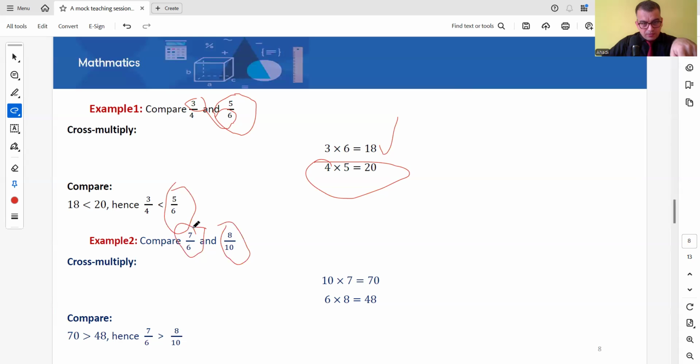Very nice. Very good. Yes, the first fraction is bigger because AD is bigger than BC. Very nice. Very good.